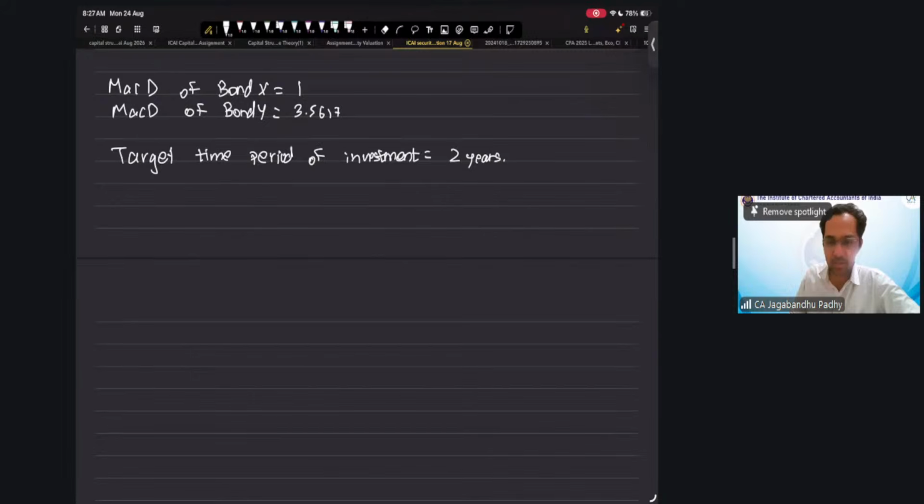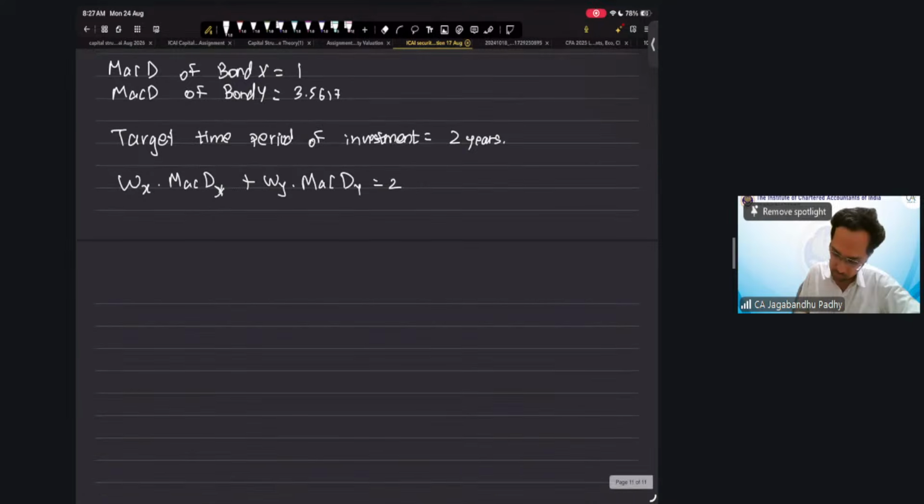Let X be the weightage. We'll say weight of bond X into Macaulay duration of bond X plus weight of bond Y into Macaulay duration of bond Y should be equal to 2.